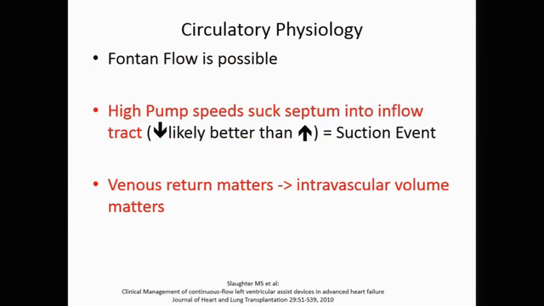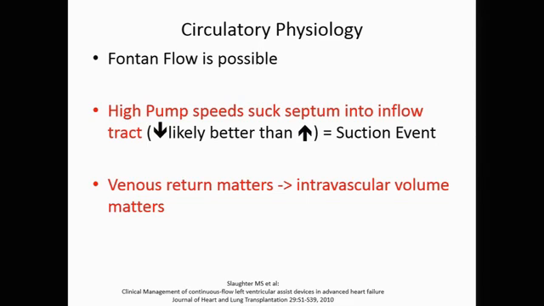Fontan flow, that is to say flow in spite of an RV that's not contracting, is possible with these devices. If somebody has straight up cardiogenic shock, has an LV that fails and an RV that was otherwise normal, they'll have a normal pulmonary vascular resistance. And so if they have asystole, VTach, VFib, and a normal pulmonary vascular resistance, often they'll have forward flow in spite of the fact that they have a non-perfusing rhythm.